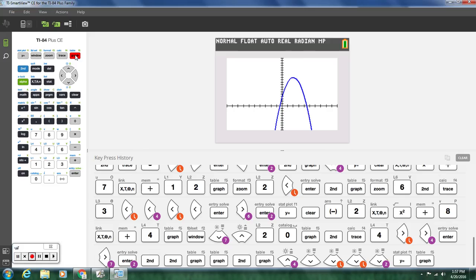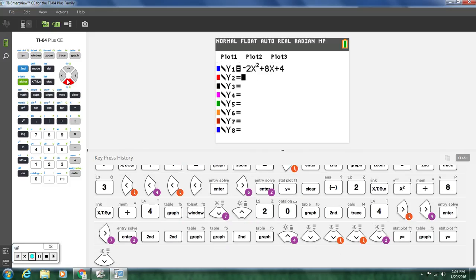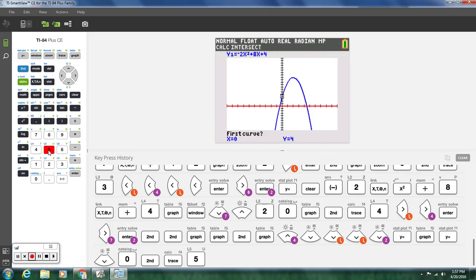Well, what does y equal anywhere on this line? 0. So we're going to put in y2, we're going to put in 0, just what we did less than a month ago. And you were supposed to have learned this. Now we're just going to intersect those two lines. So second calc intersect. I'm just going to move that cursor to that intersection point and hit enter 3 times.